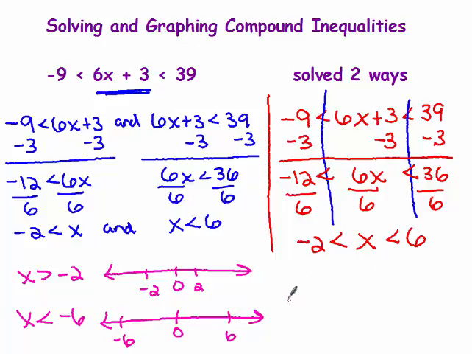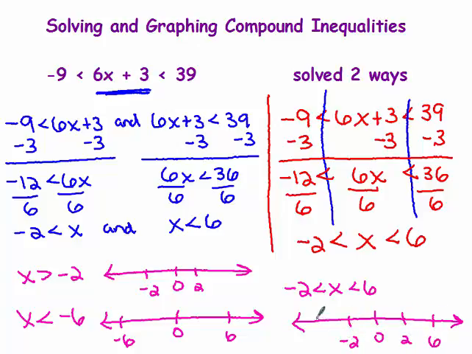And then our last one, and I'm running out of space, so I have to go over to the side a little bit. We have our negative 2 is less than x, which is less than 6. Open circle on negative 2 to the right.